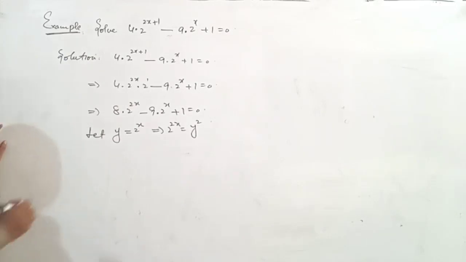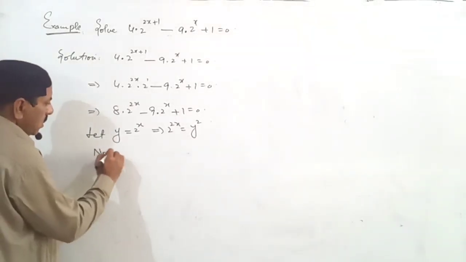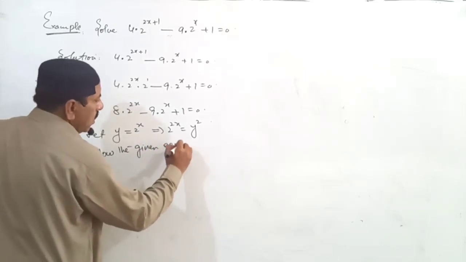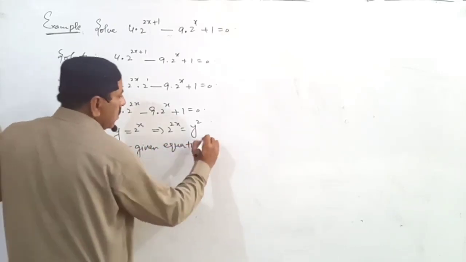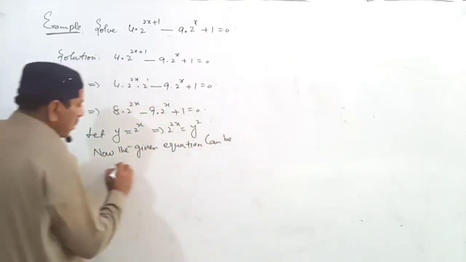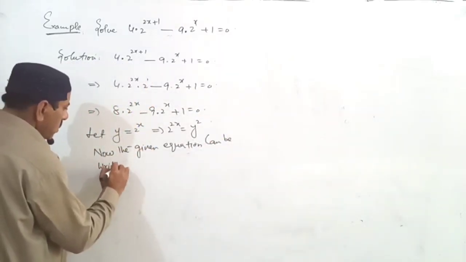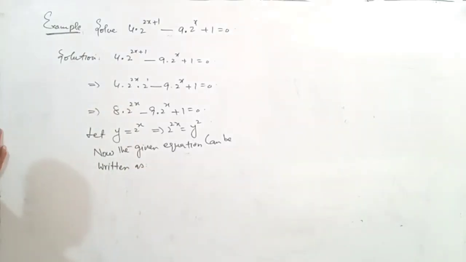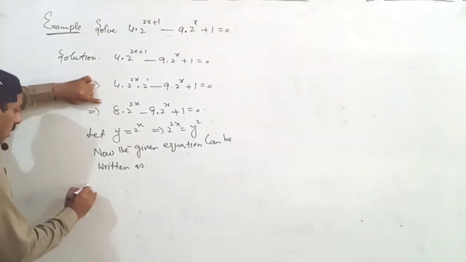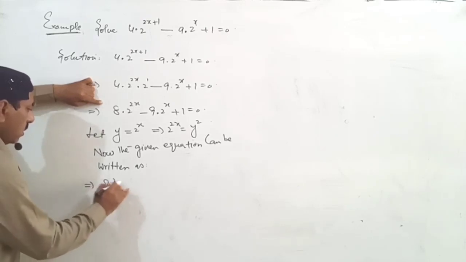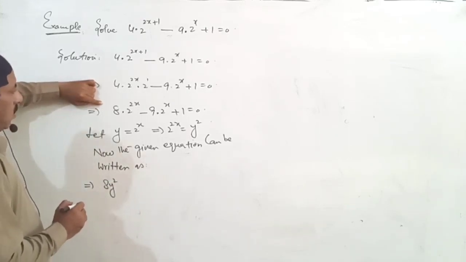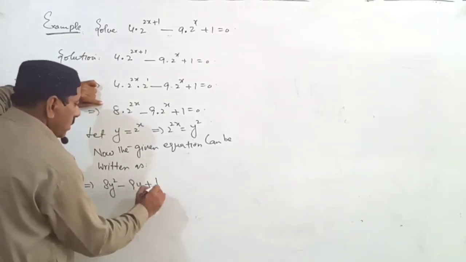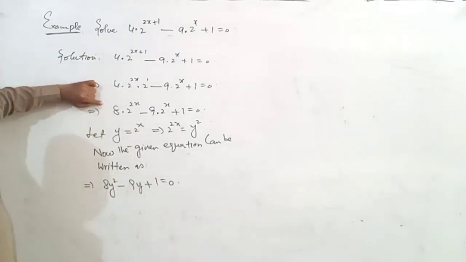Now the given equation can be written as 8y square minus 9y plus 1 is equal to 0.